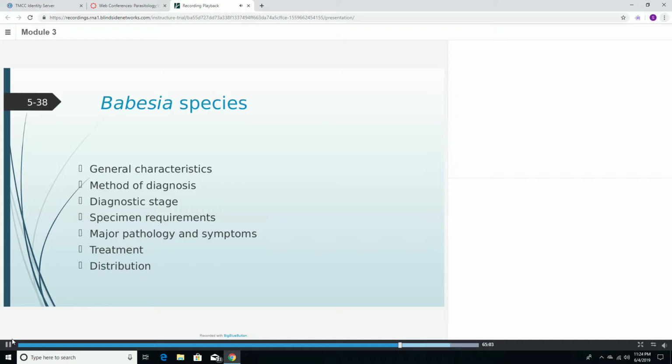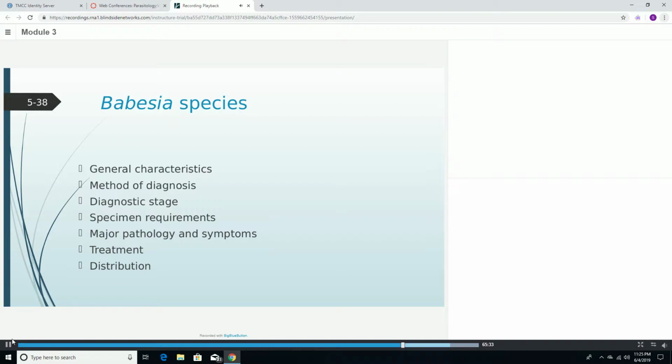Sometimes it's going to be missed by our machine, but if we do a manual differential, we should be able to see these organisms inside of the patient's blood. Patients may also get a concomitant infection, which means that a patient can get Lyme disease or Ehrlichia infections along with their Babesia infection.